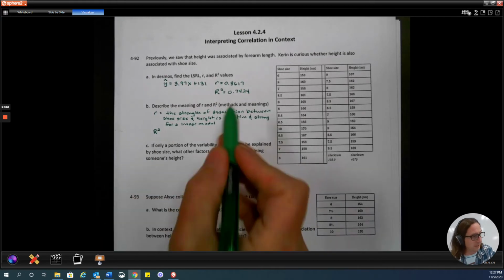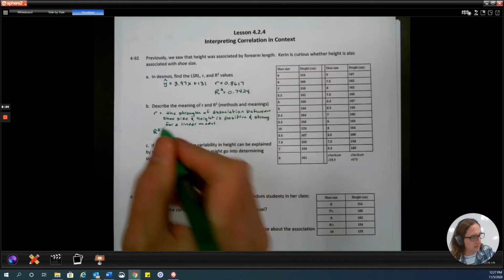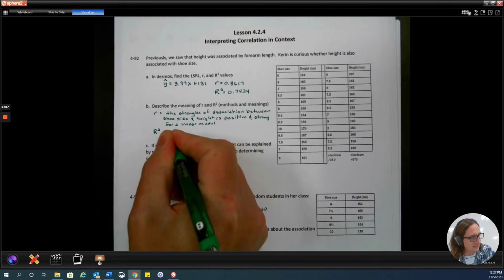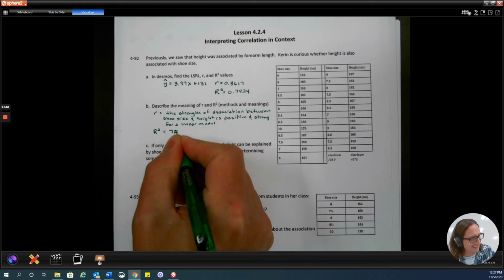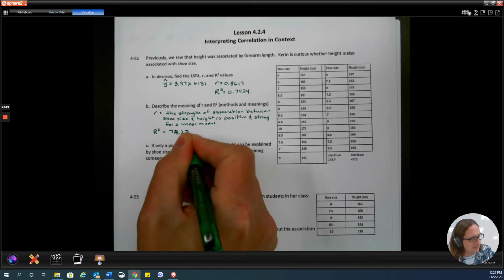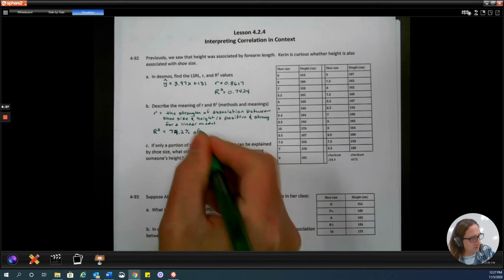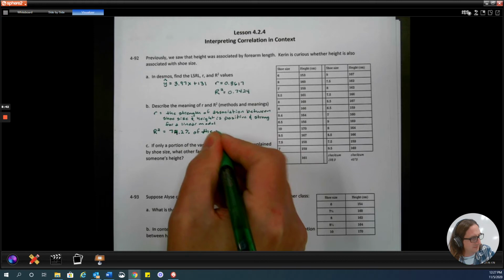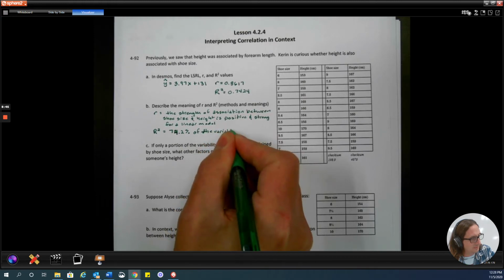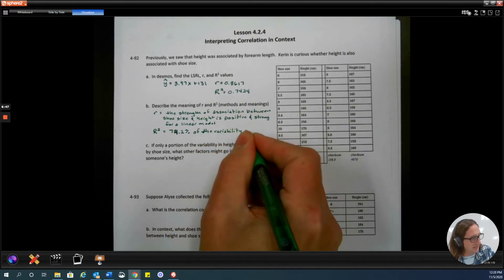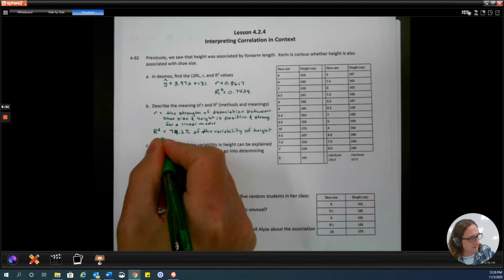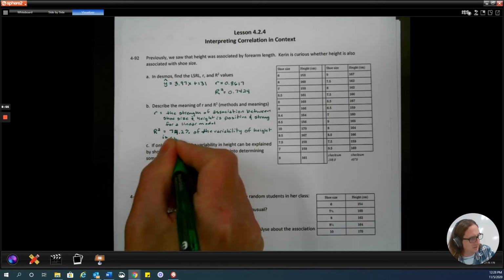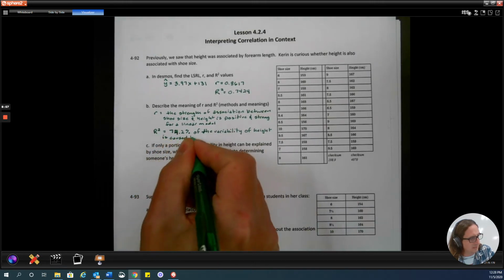So the R squared being 0.7424, that means that 74.2% of the variability of the height is caused by shoe size.